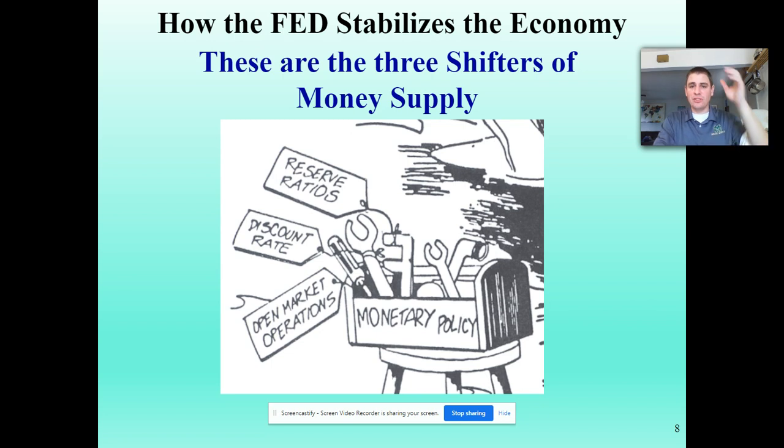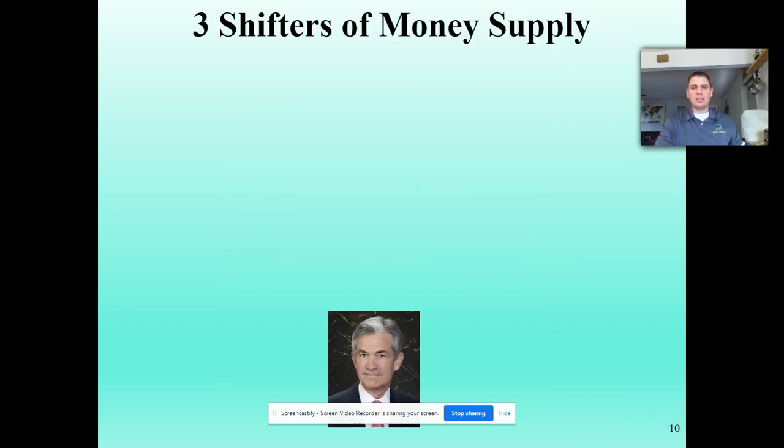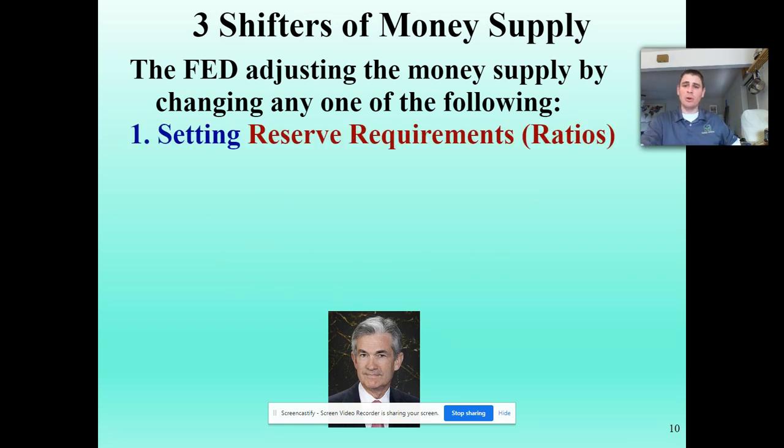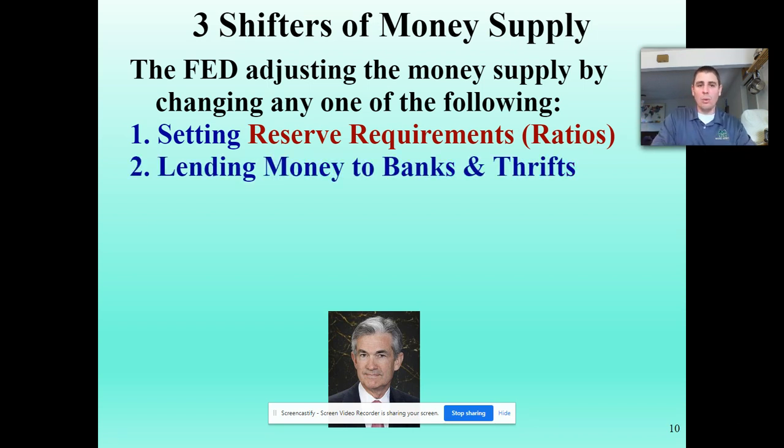So here are the three shifters of the money supply, and we'll talk about it. Okay, so these are the three tools, the three things that shift it. So the first, the Fed adjusts the money supply by changing any of the following: setting the reserve requirement or the reserve ratio, how much banks are able to hold on to, right? Or they lend money to banks and thrifts.